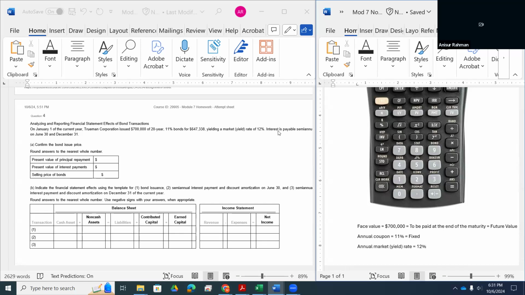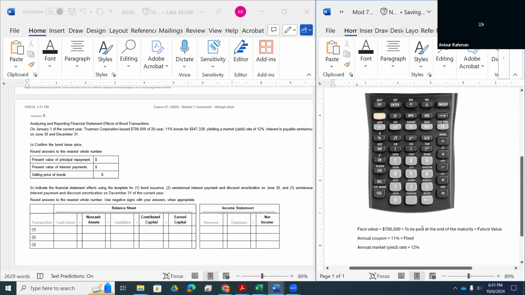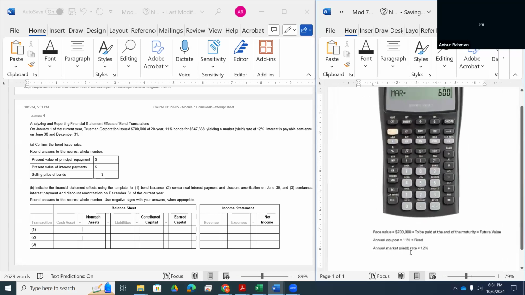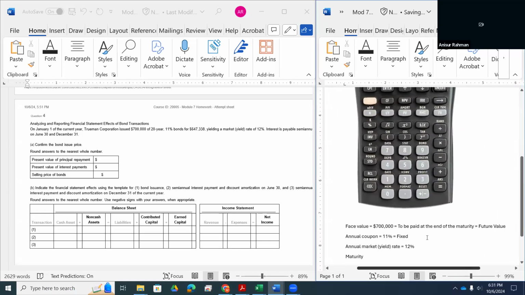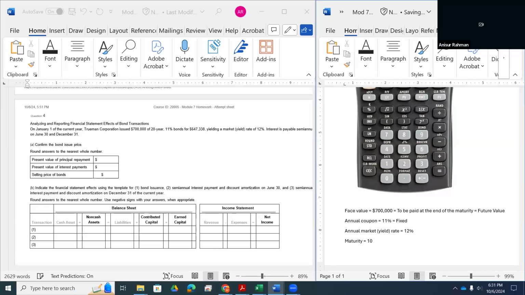In this problem, interest is payable semi-annually. So that basically means our maturity is equal to 20 years times 2, which is equal to 40 semi-annual periods.